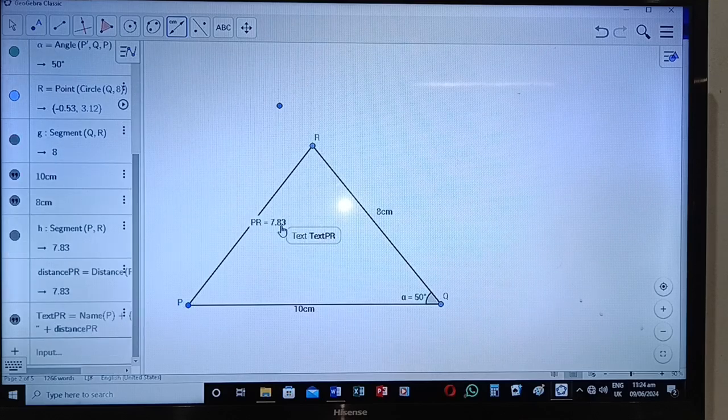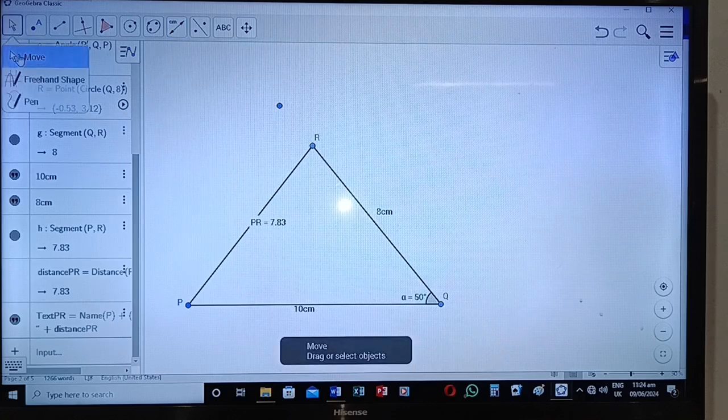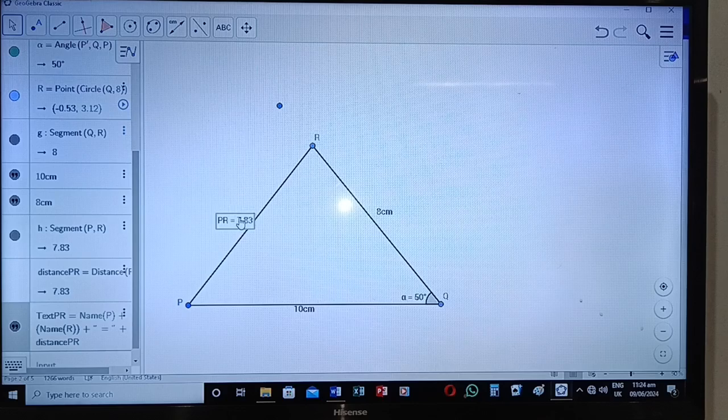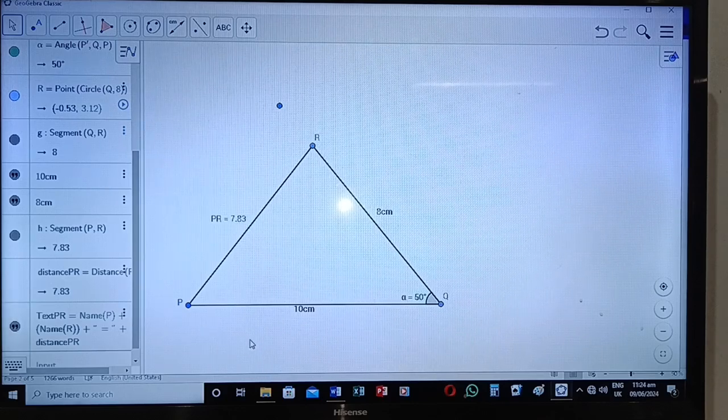So you can see it has been generated automatically. The length of PR is 7 centimeters. So basically, that's how we measure lengths when we are in GeoGebra.